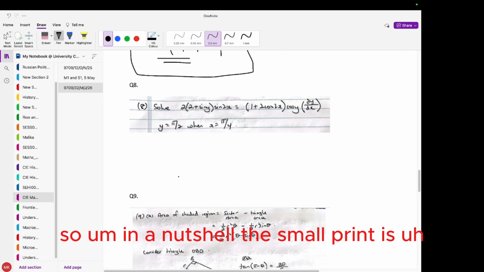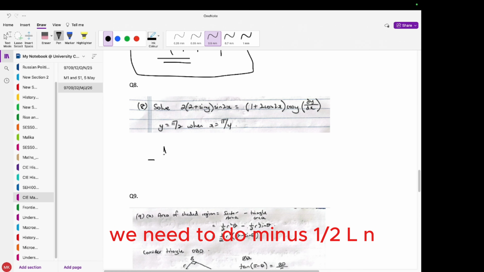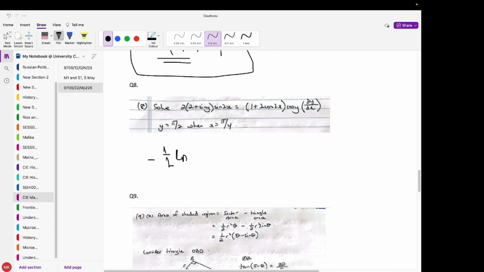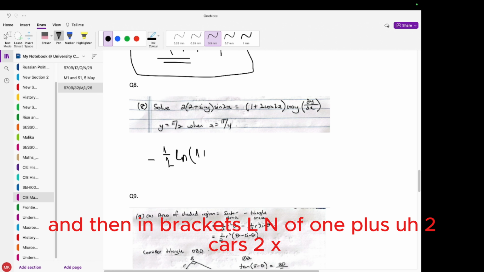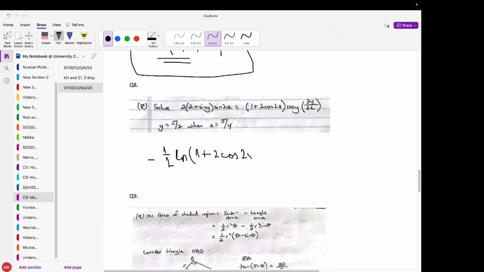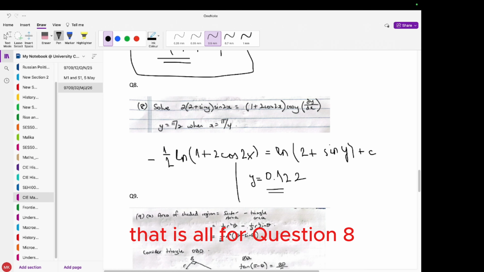In a nutshell, we need to do minus 1/2 ln, and then in brackets ln of 1 plus 2 cos 2x, which is equal to ln of 2 plus sine y plus c, and y is 0.122. That is all for question 8.